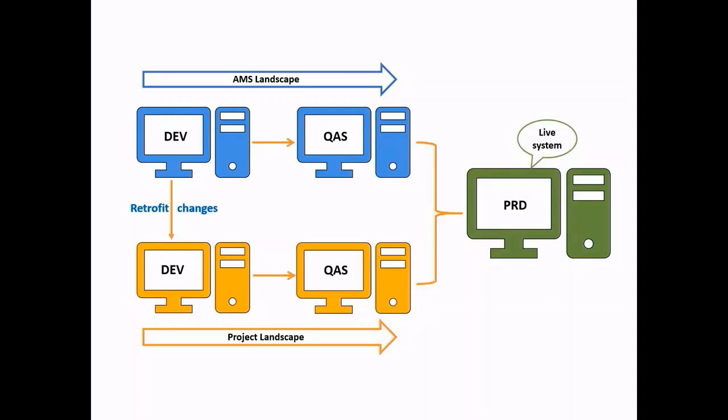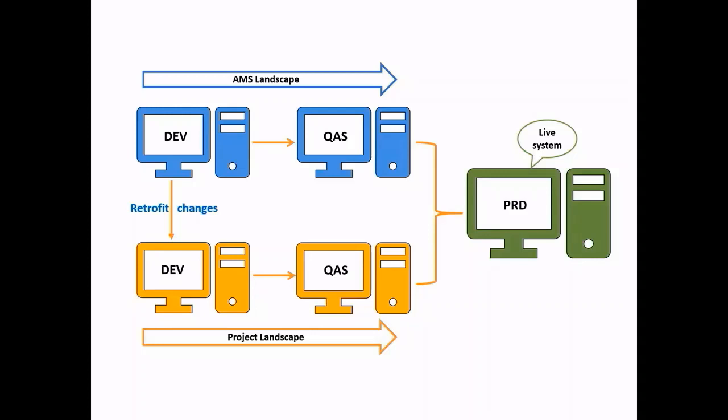Before you move any changes from AMS development to the project landscape development, ensure that the ABAPers have moved their changes into the project landscape. Otherwise, if you try to move the custom T codes which you maintained in SU24, they won't be recognized by the project landscape.